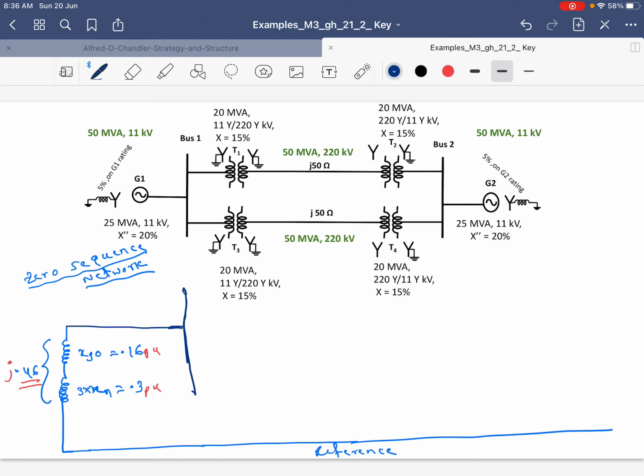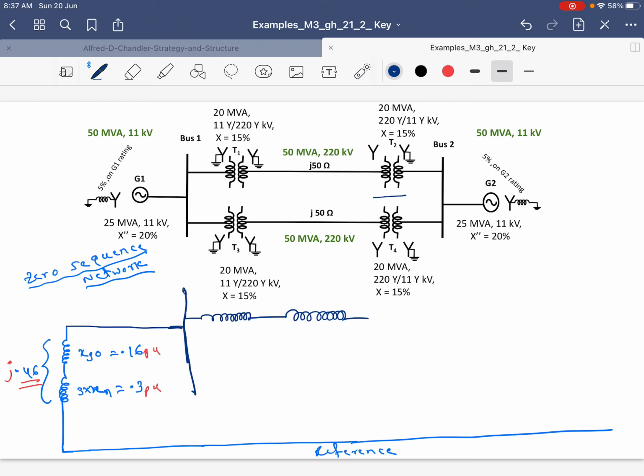So what I am drawing here is the zero sequence reactance of the transformer T1 and then the transmission line.